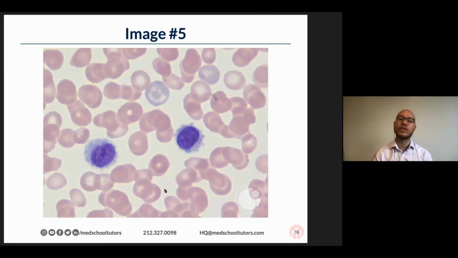And this is one of those situations where with rouleau formation, you're looking for other evidences of a monoclonal gammopathy, a plasma cell dyscrasia. So if you were seeing the CRAB constellation of findings, the hypercalcemia, the renal disease, the anemia, the bone lesions, and the bone pain, and you saw rouleau, beautiful.